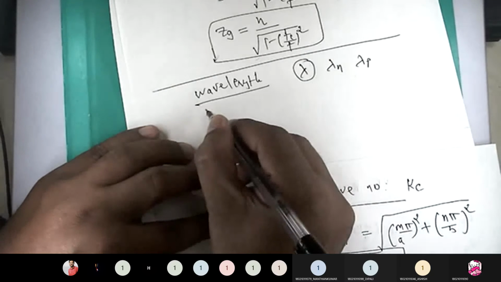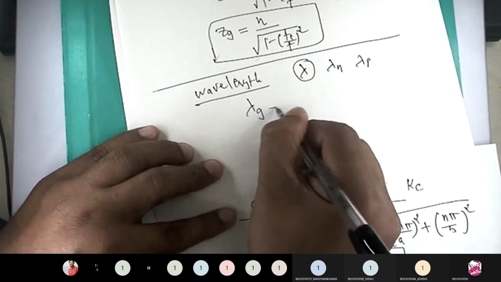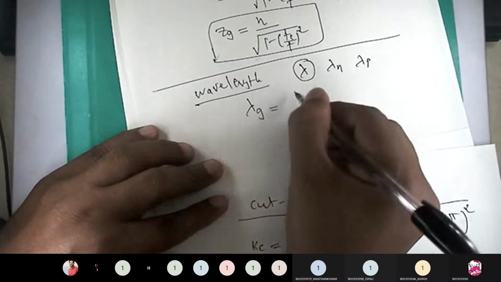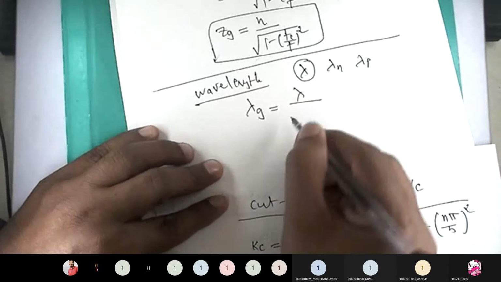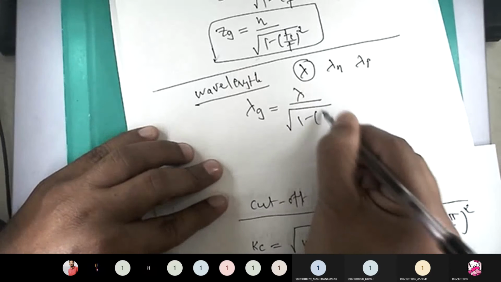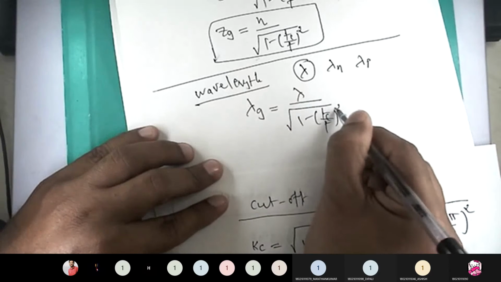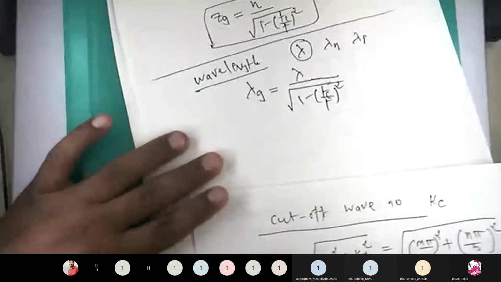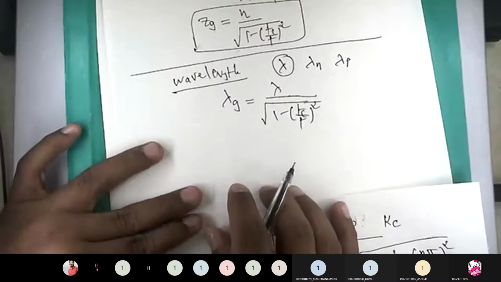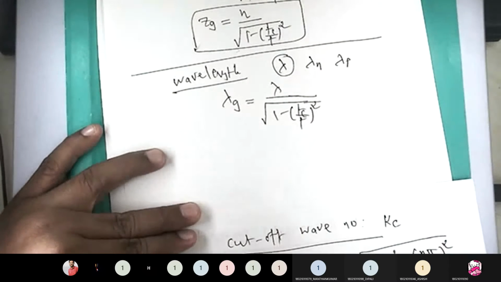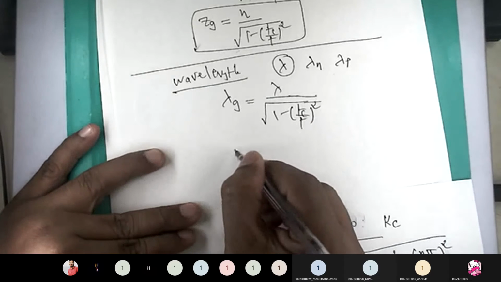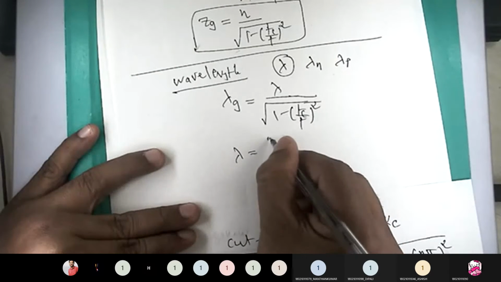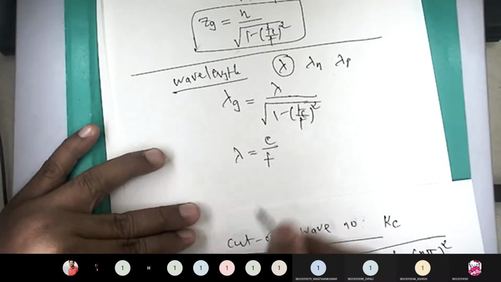So I can say that now the wavelength lambda g in a guide can be expressed directly; the final relation is lambda divided by square root of 1 minus (fc over f) whole square. You can prove this too, but there is a direct relation that lambda is nothing but c by f, for example.